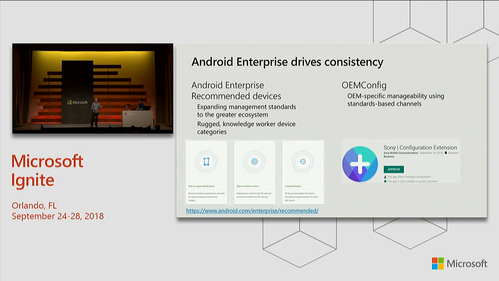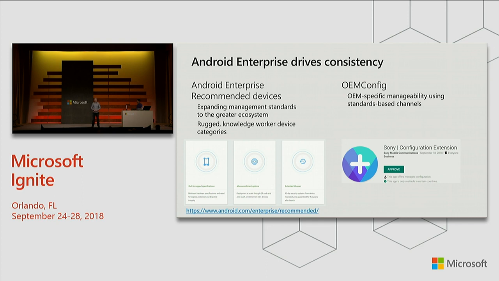They can build the capabilities into the device themselves to call their own APIs and expose those settings through the Android Enterprise native app config channel. And so what this means is that, say you take a device, you can make up an OEM that would support this at some point. There's an example here of Sony, who've come out with some of this. If Sony adds new capabilities into their configuration extension app, which is based on OEM config, when you load up this app in the Intune console, you'll see a dynamic list of settings that is provided there.